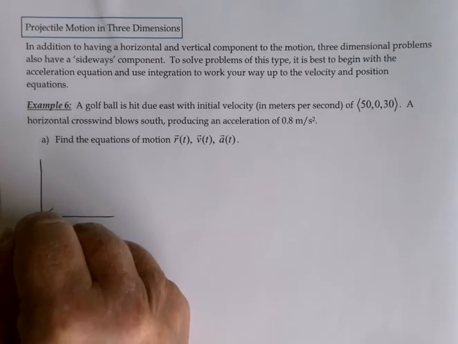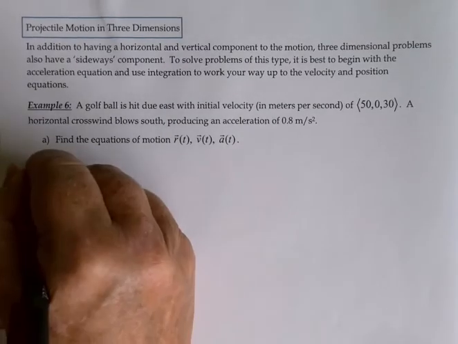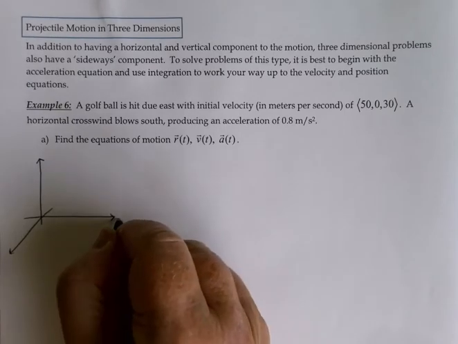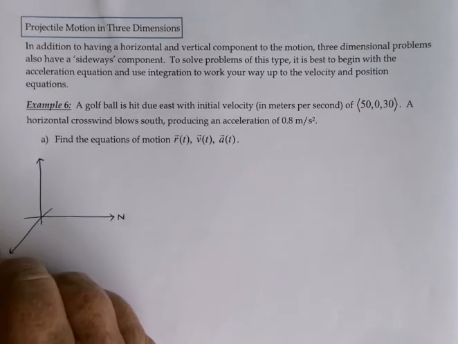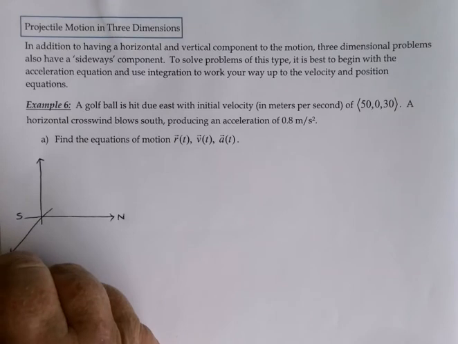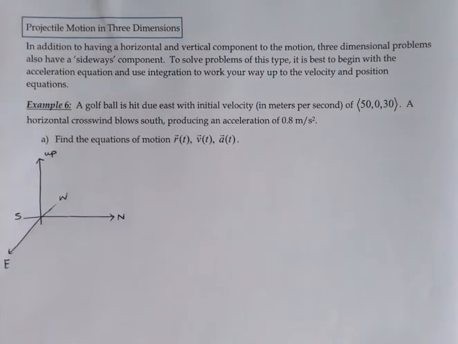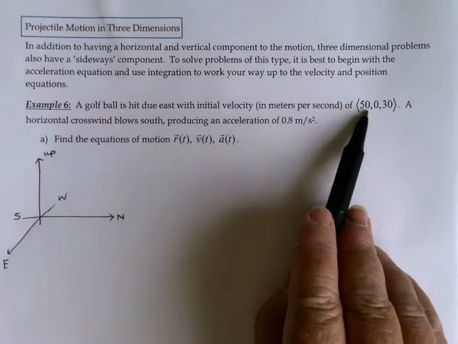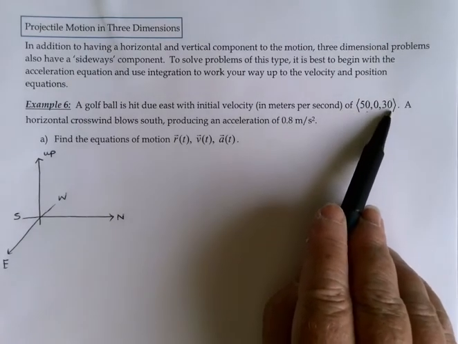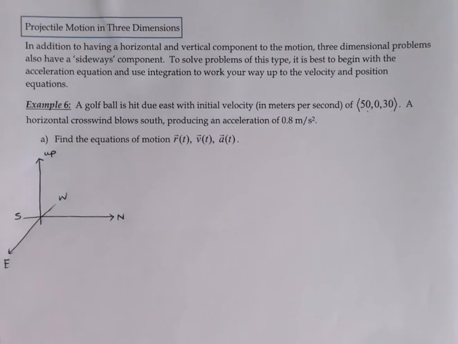I've got a three-dimensional situation. So again, we'll consider our positive y-axis north, south, east, and west. And then we've got our up direction in the z-axis. So the initial velocity was in the x and z directions. They tried to hit this ball due east, right?